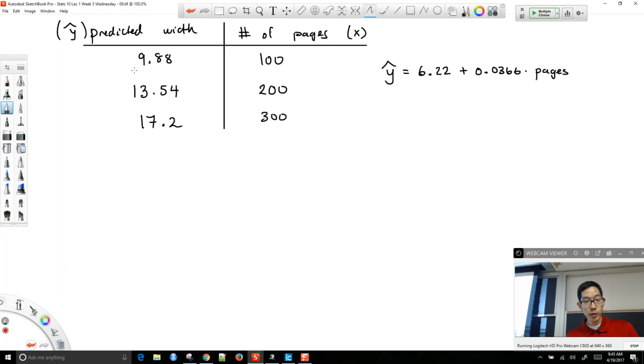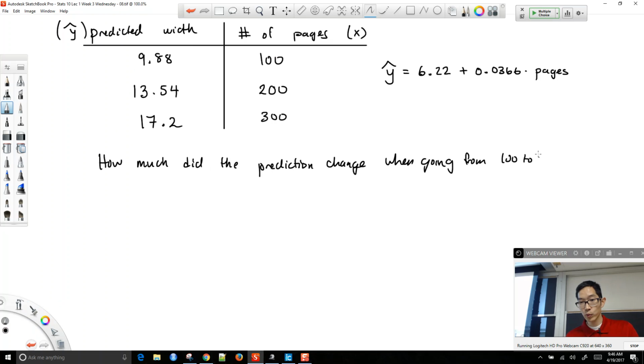Okay, so here's my question. How much did your prediction change when you went from 100 to 200 pages? This number increased by how much? It went up by 3.66. And what about from 200 to 300 pages?